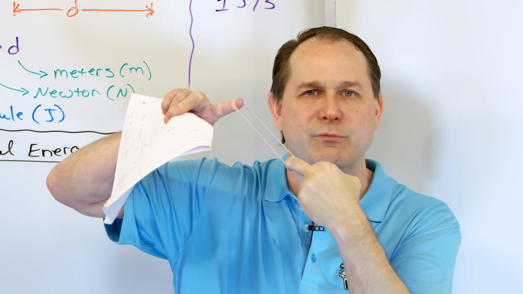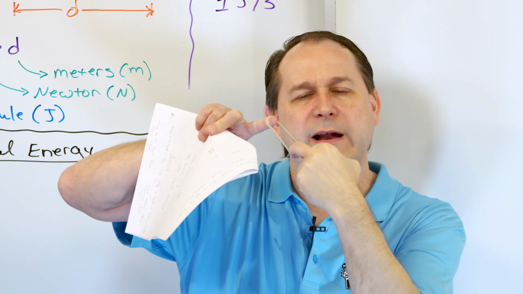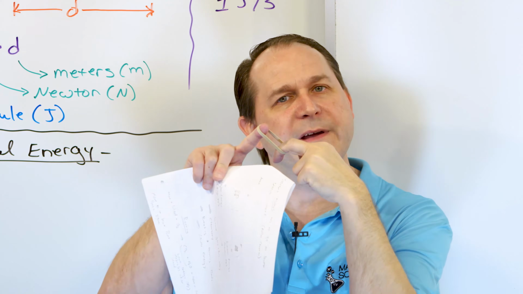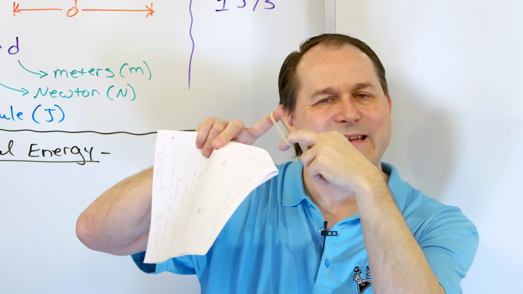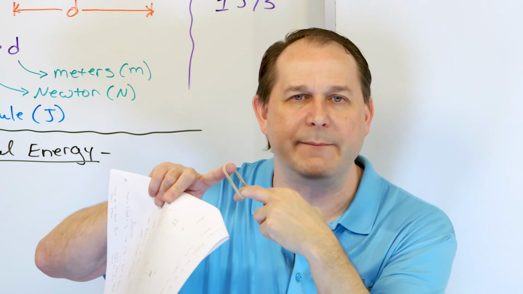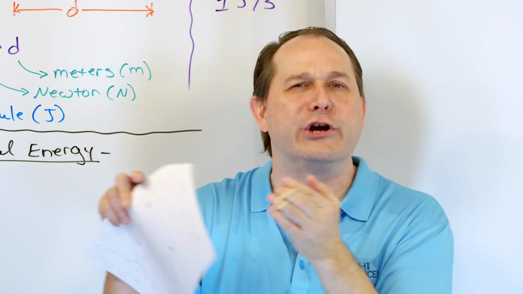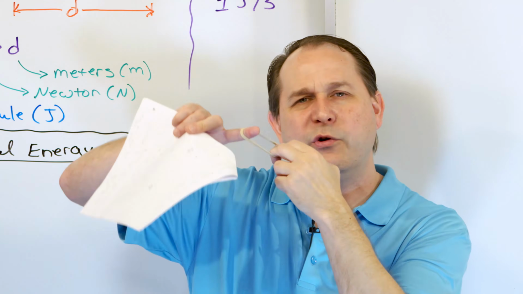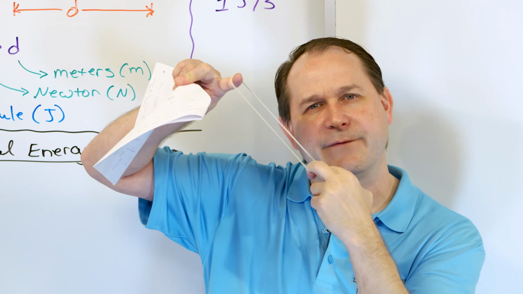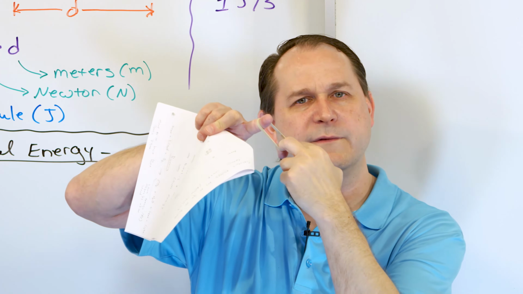When things start moving, then I'm doing work. Even when I get down to the point where my fingers aren't moving anymore, now I'm in a relaxed state, the force has done its job, it has acted on my fingers through a distance, and I've converted the potential energy, which was very high in the beginning, as my fingers have now stopped.